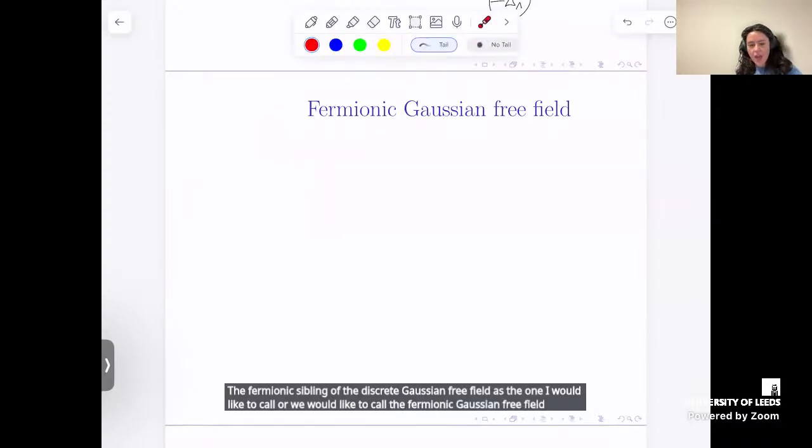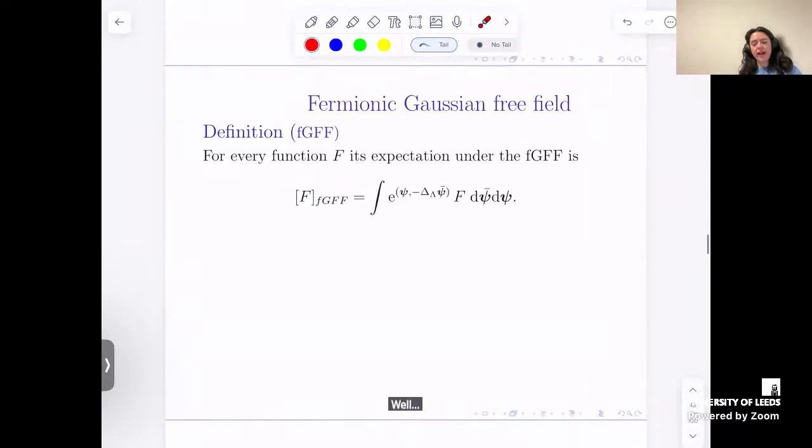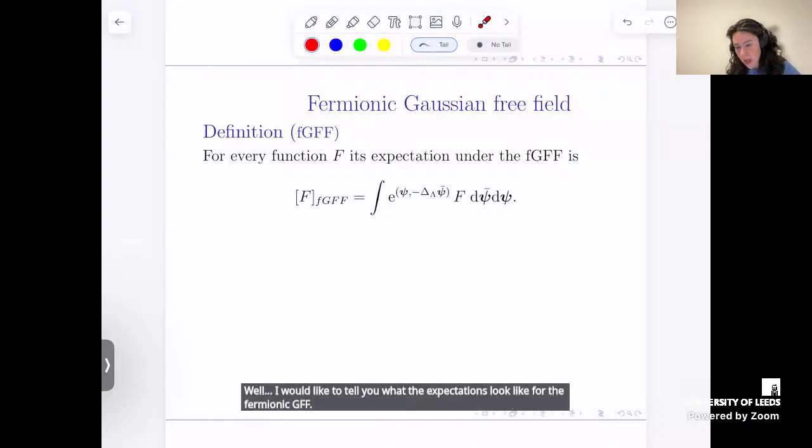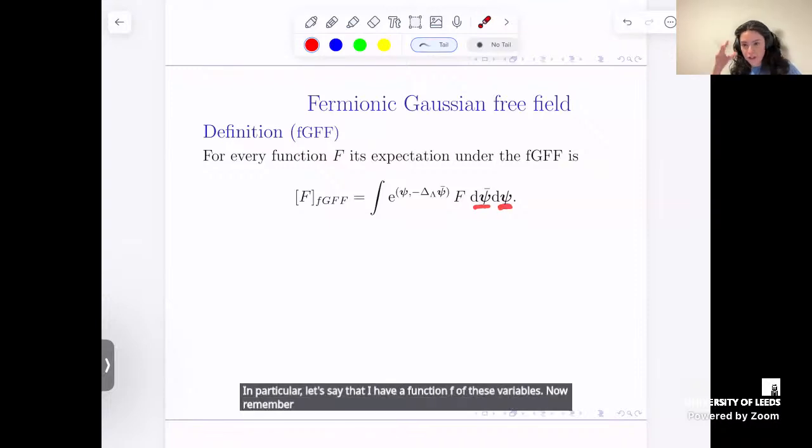Okay? So how do I define the fermionic GFF? Well, I would like to tell you what expectations look like for the fermionic GFF. In particular, let's say that I have a function f of these variables. Now remember that in this polynomial ring, I'm working on variables that I should think of as polynomials.